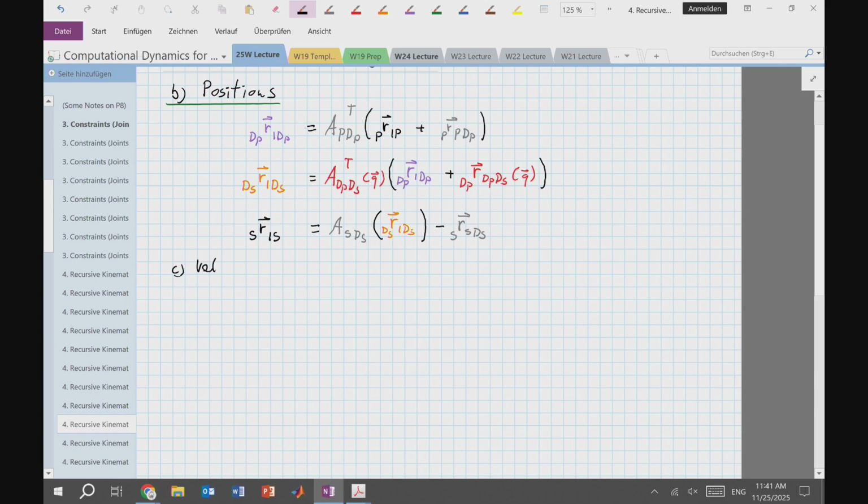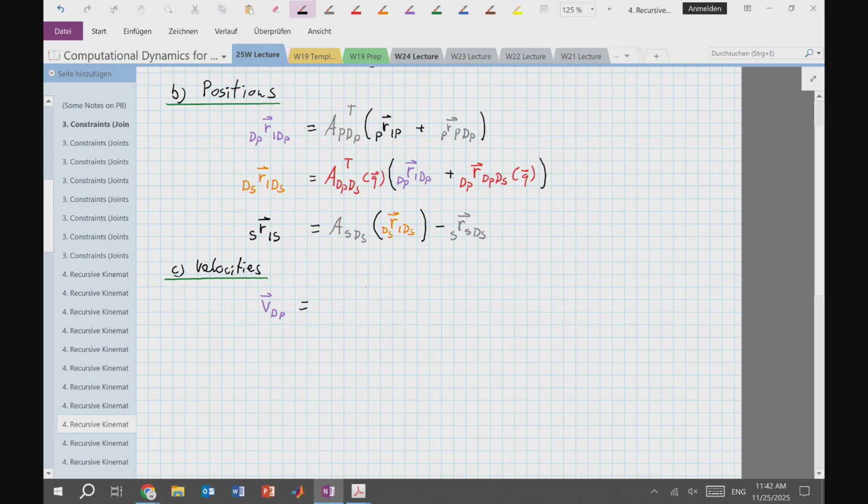So the next thing that I want to discuss are velocities. And I don't want to do this in the sense of taking the position equations and taking derivatives, but directly thinking about physical velocities. What I want to know in this first iteration step is the physical velocity of the dp origin, so the origin of the predecessor coordinate system.